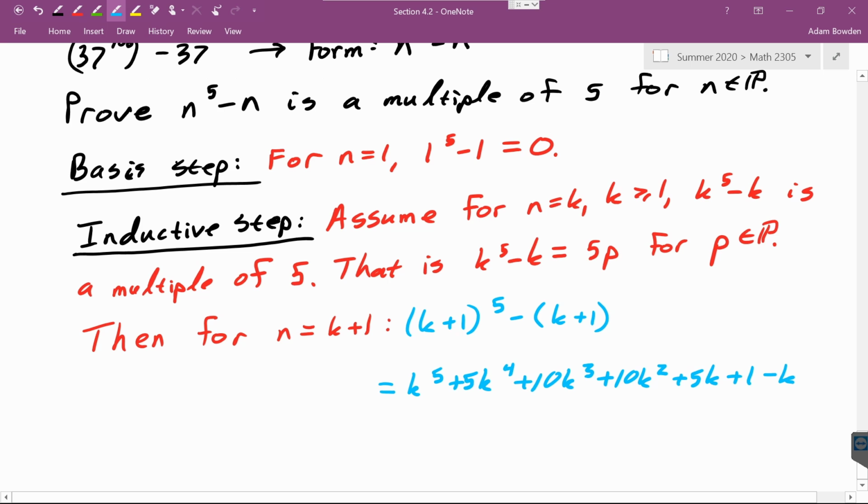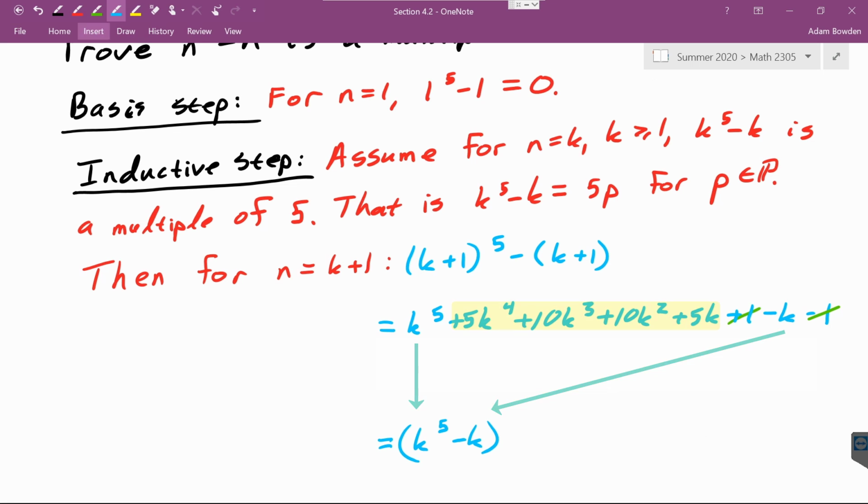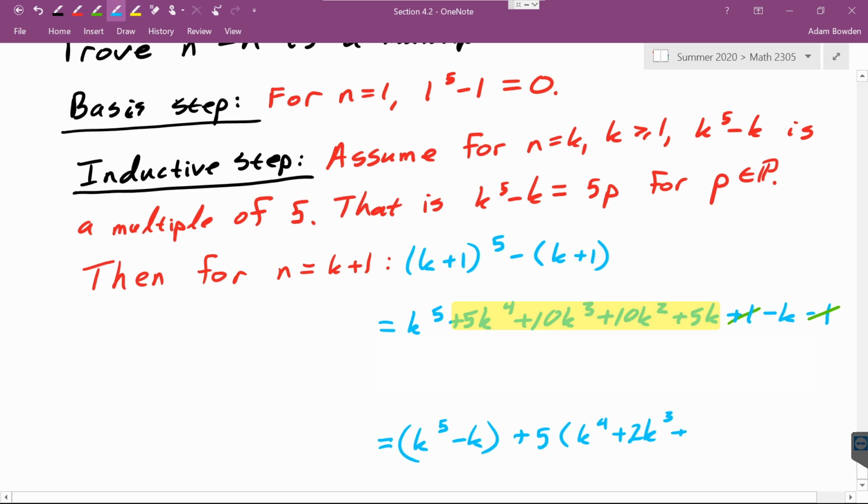That's minus k and then minus 1. I can rewrite this as k to the fifth minus k. So I'll move the minus k up there to the front. And then everything else left over here can get to a multiple of 5. And so we'll be able to write this as plus 5 times k to the fourth plus 2k to the third plus 2k squared plus k.